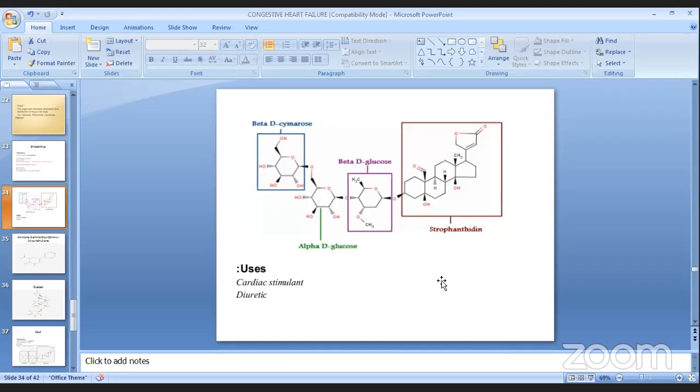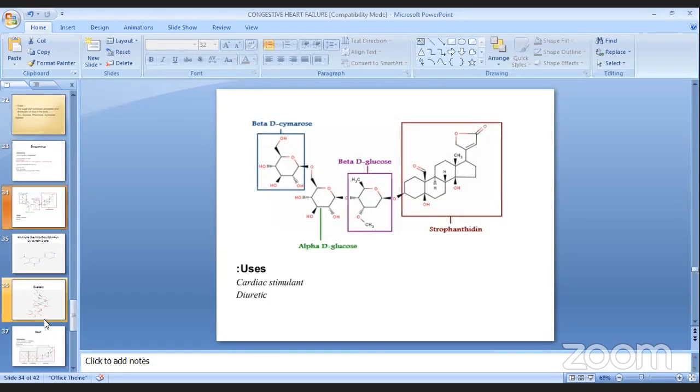Propanthidine is one of the drugs which can be used instead of digitalis, with very careful monitoring of the dosage.